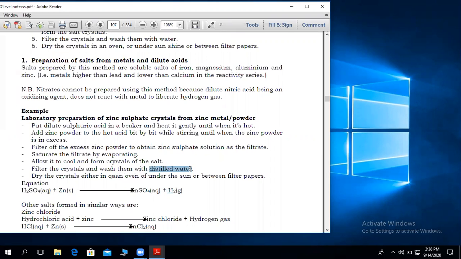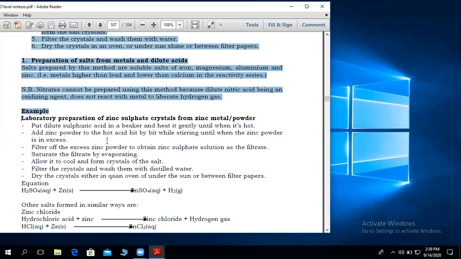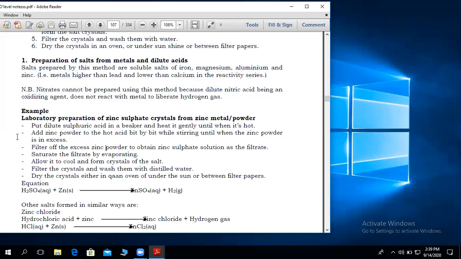I told you the water must be distilled, because normal water sometimes contains impurities. Dry the crystals by pressing them between filter papers. Then you write the equation, and by doing that, you have prepared zinc sulfate solution.